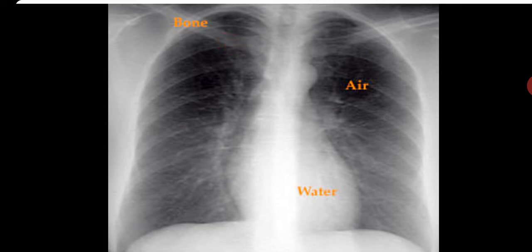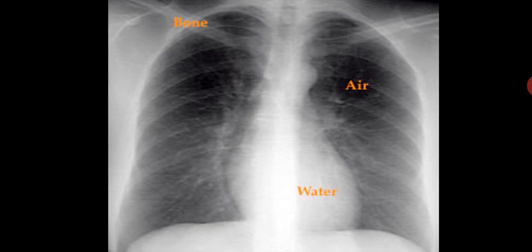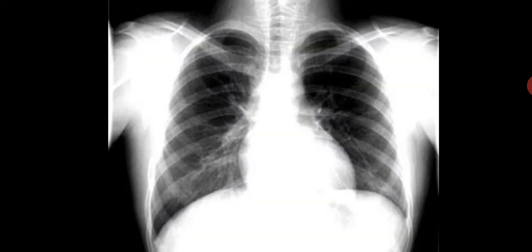This is air, and air appears translucent, and this is water. So this is how these structures look on an X-ray. This is how a chest X-ray looks. So you can see the various structures seen in this radiograph.